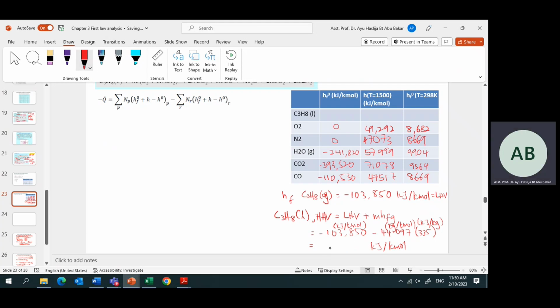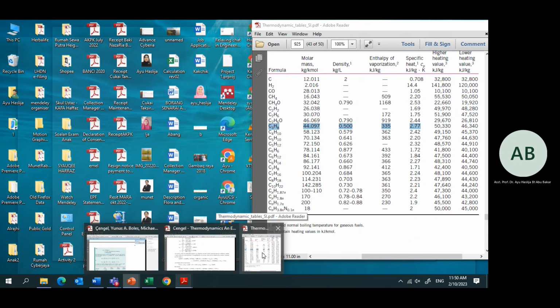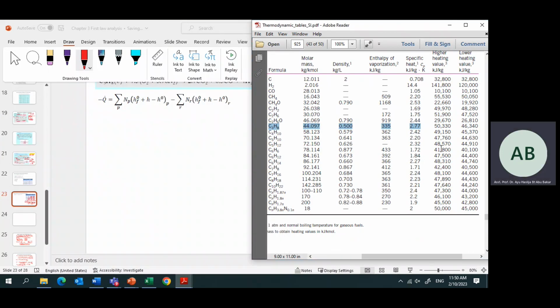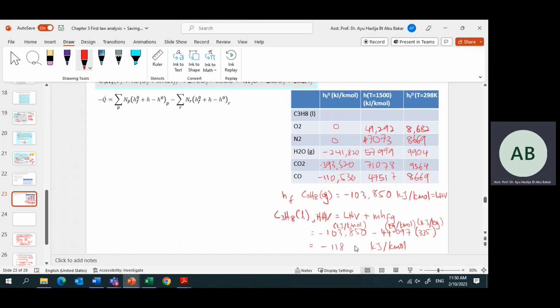Okay, here, if negative sign, it will be negative 118 something. Perhaps due to the sign for the enthalpy of vaporization. Let me check again on the sign, but the answer should be negative 118. Let me confirm on the sign first.